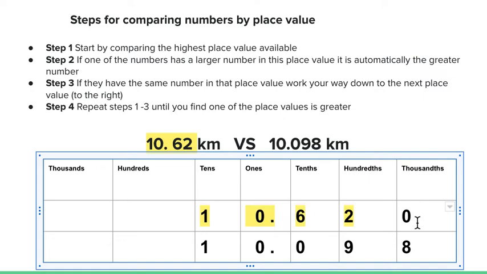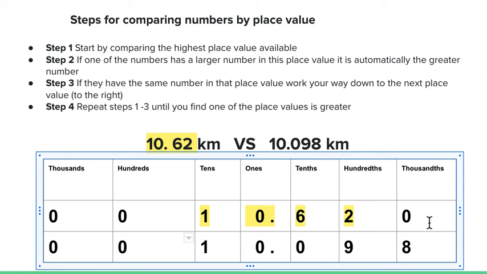Just like before when we're dealing with whole numbers, once you don't have any more numbers to the left of the greatest place value, which in these numbers was the tens column, where they both had 1s, there is an infinite amount of zeros that we can put in front of these numbers, as I said in the last video. It doesn't change that. Even though there are 2 zeros in front of this number here, we're still dealing with 10 kilometers.